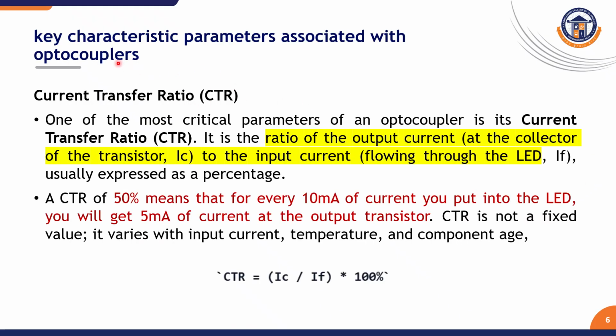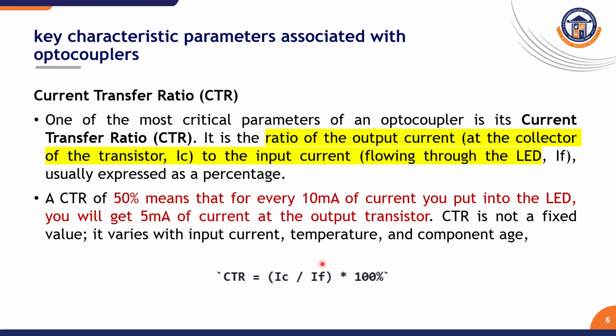Here we are going to see the key characteristic parameters associated with optocouplers. First of all, the current transfer ratio, one of the most critical parameters of the optocoupler. It is the ratio of the output current, that is the collector current IC of the transistor at the output side, to the input current IF flowing through the LED.